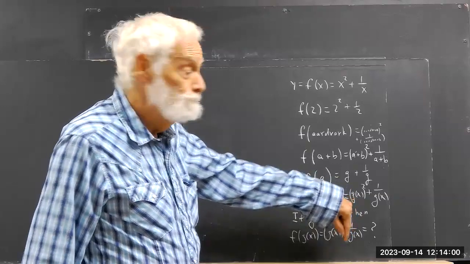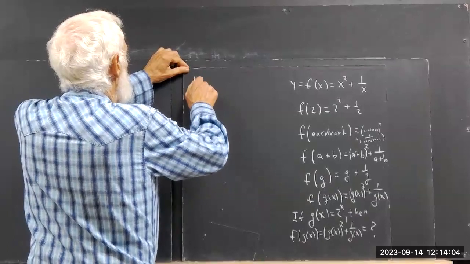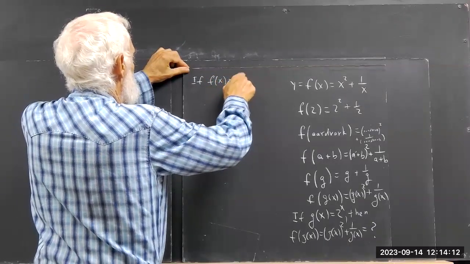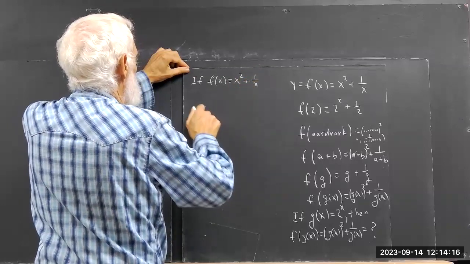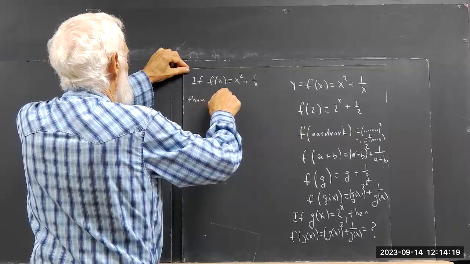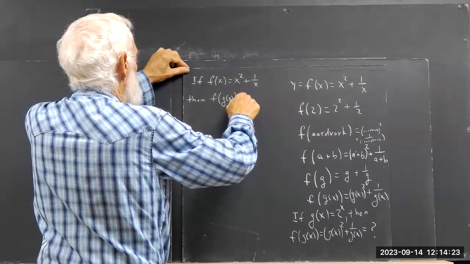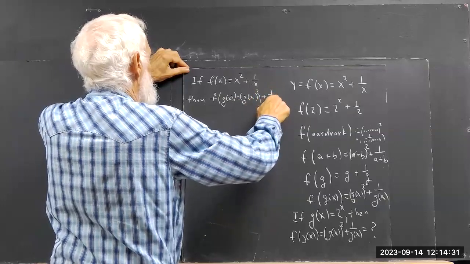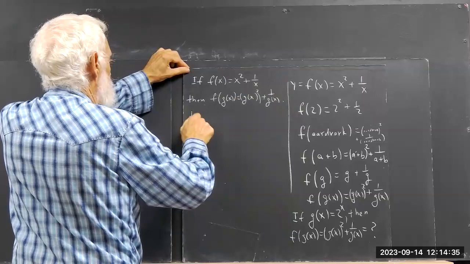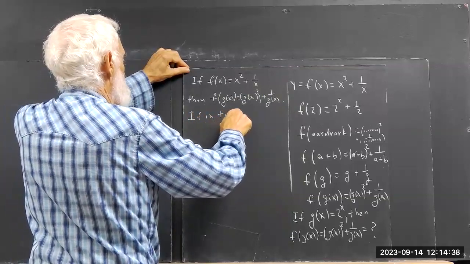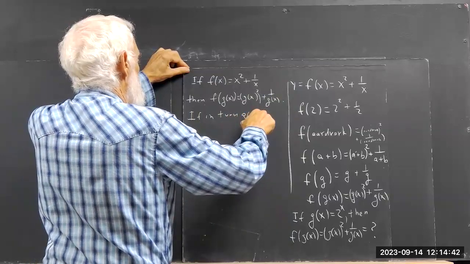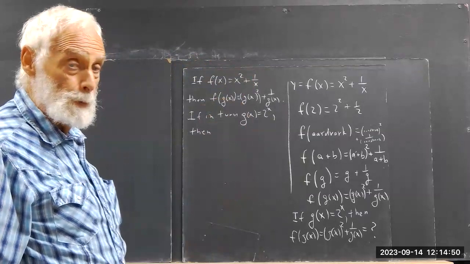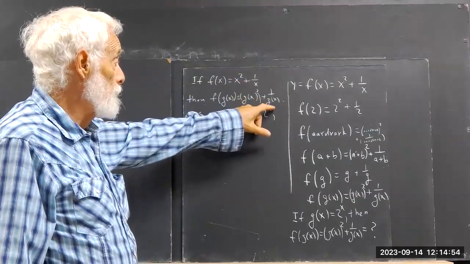Okay? So our situation is if f of x is x squared plus 1 over x, then f of g of x is g of x squared plus 1 over g of x.